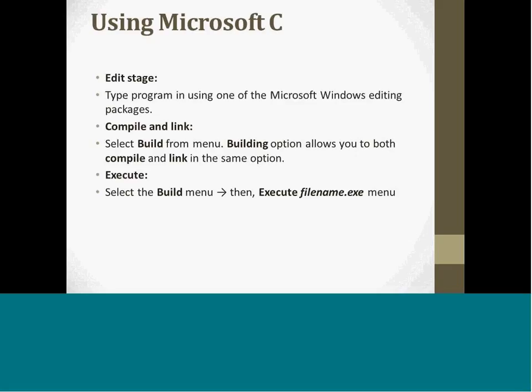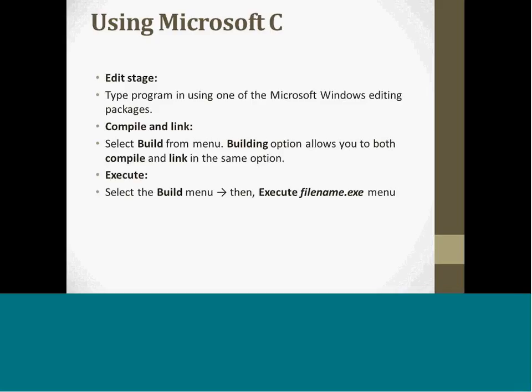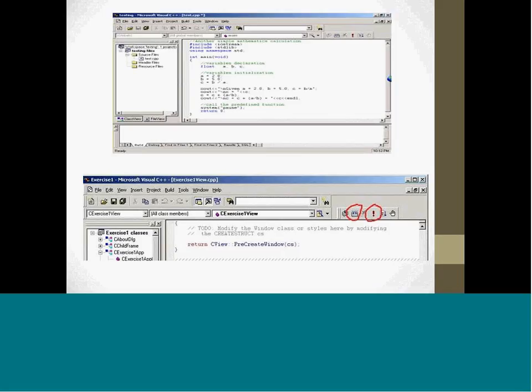Next I will give you an example of how to write a program, compile it, link it, and run it. If you are a Windows user and you use Microsoft C, it looks like this screenshot. The first step is to type the code in this window. There is an icon on the right-hand side. Click it to compile and link the program.